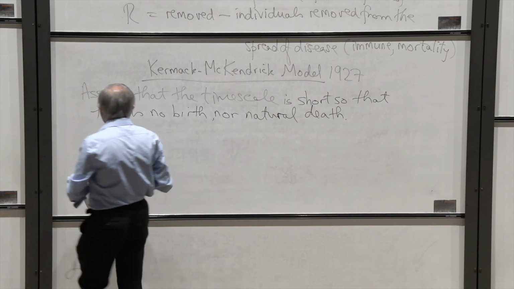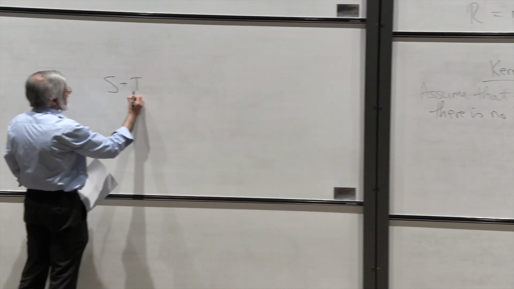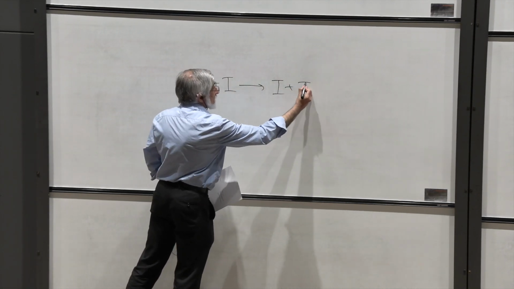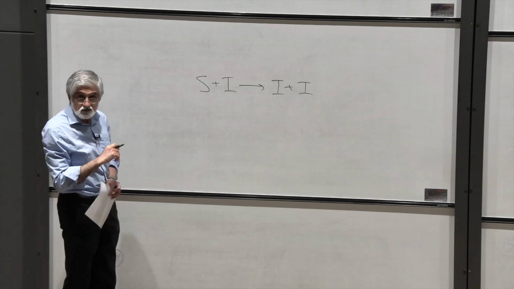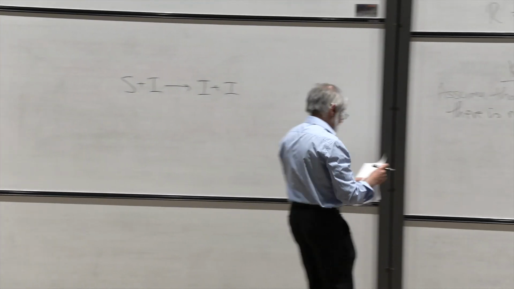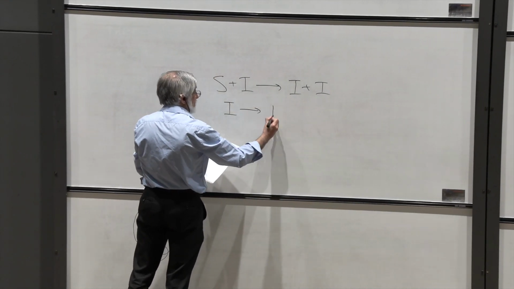And then, if you like, we can actually use the law of mass action here. We can say that S plus I gives you I plus I, because that susceptible turns into an infected. And then we have infected turns into removed.